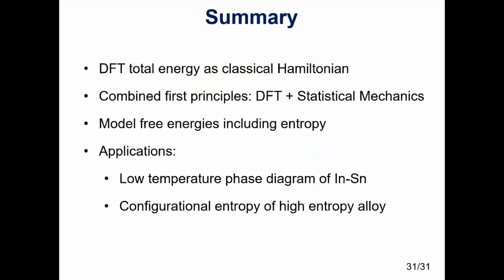Okay, so I just want to summarize now. What I've been doing is taking the density functional theory total energies, which are calculated from quantum mechanical first principles, and then I have treated the DFT total energy as if it were a Hamiltonian in classical mechanics in order to apply classical statistical mechanics in order to calculate the configurational free energy.